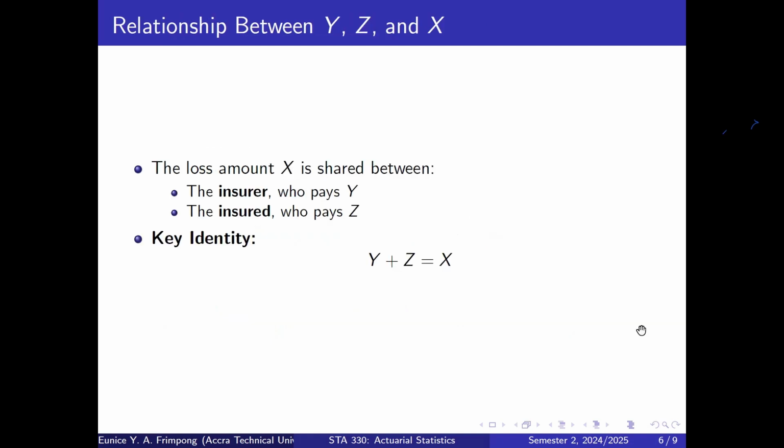Now let's look at how the total loss is divided. The total loss X is shared between the insurer, who pays Y, and the insured, who pays Z. This gives us a simple but powerful identity: Y plus Z is equal to X. No matter what values Y and Z take, together they must add up to the total loss.